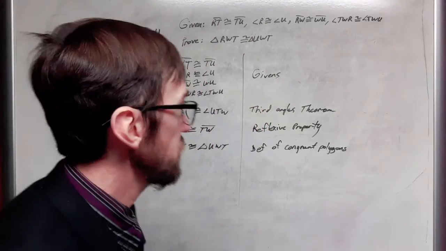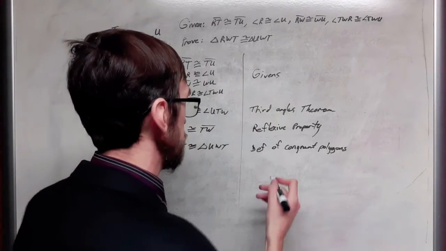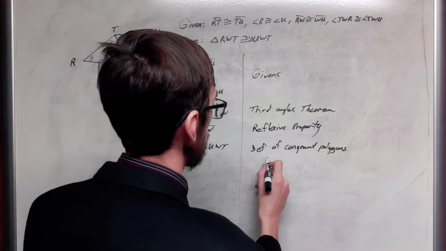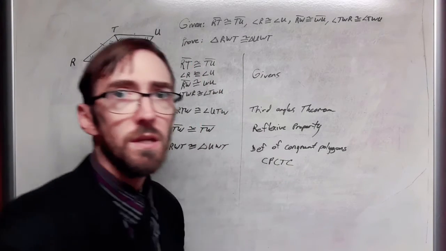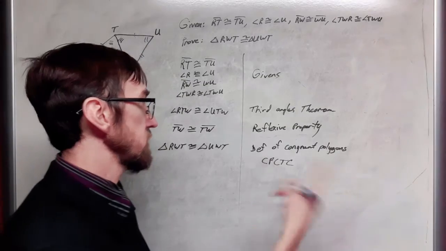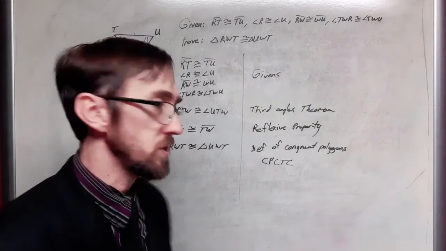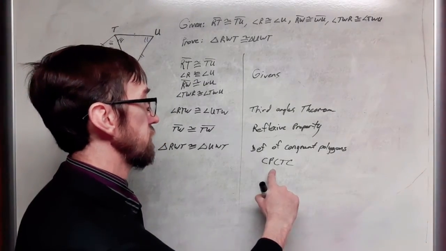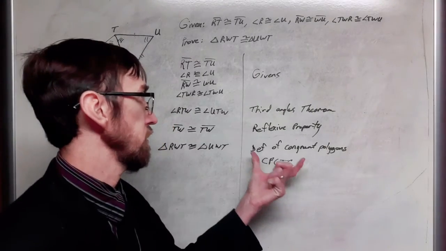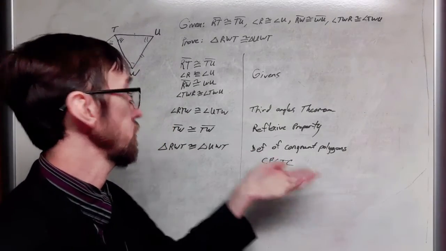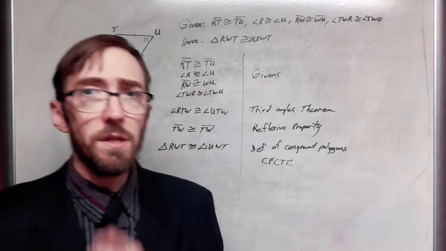Another abbreviation you might see sometimes, especially with triangles, is corresponding parts of congruent triangles are congruent. That's oftentimes an abbreviation that shows up. That's basically saying that we're using the definition of congruent polygons with triangles.